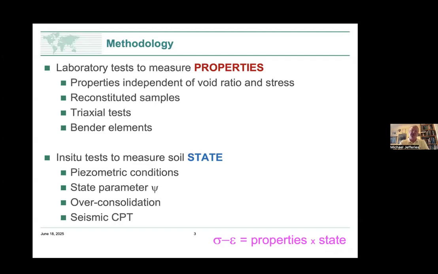And this is very convenient because when we're dealing with sands or silts, in terms of practical engineering, it is impossible to get undisturbed samples. So reconstitution of the materials we're dealing with and then doing triaxial tests is the basis of determining properties.